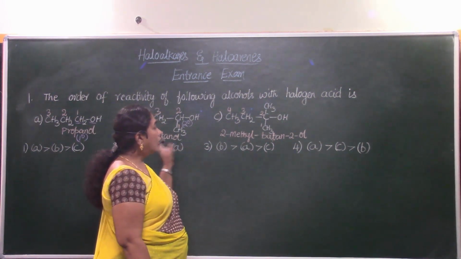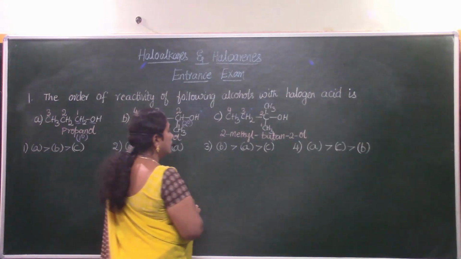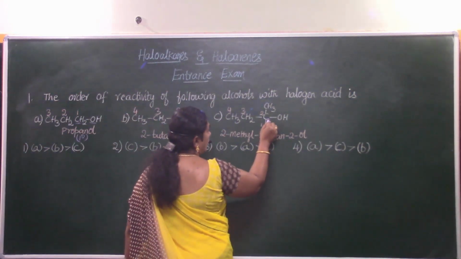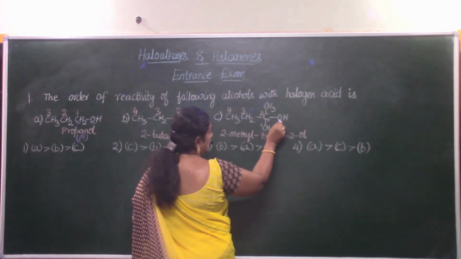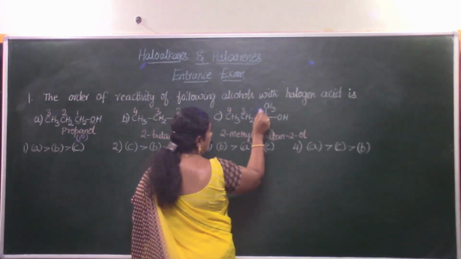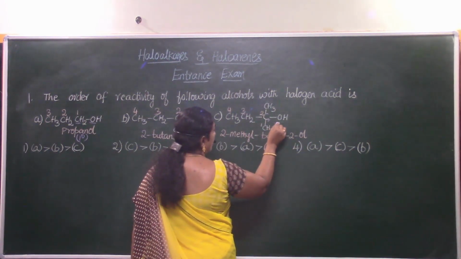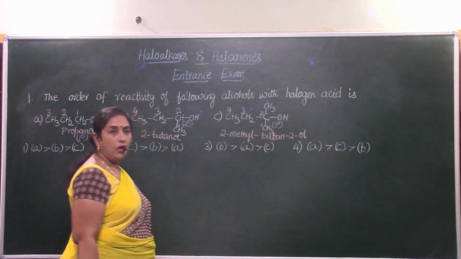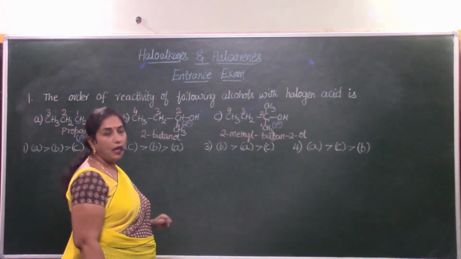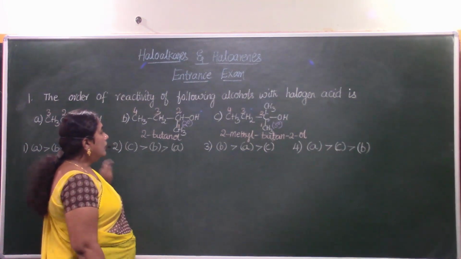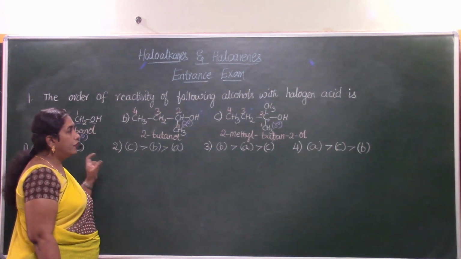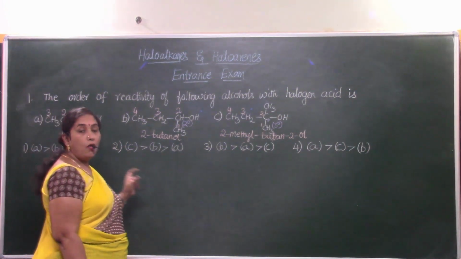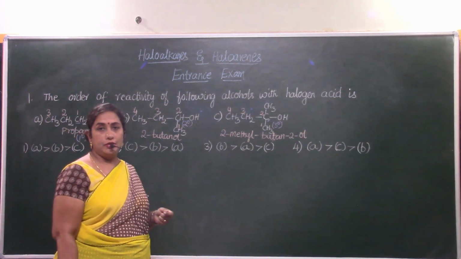So what type of alcohol is this? Let us recognize this. So this carbon atom to which OH is linked is in connection with 1, 2, 3 other carbon atoms. So therefore it's a tertiary alcohol. Now this concept is coming from the haloalkanes method of preparation.